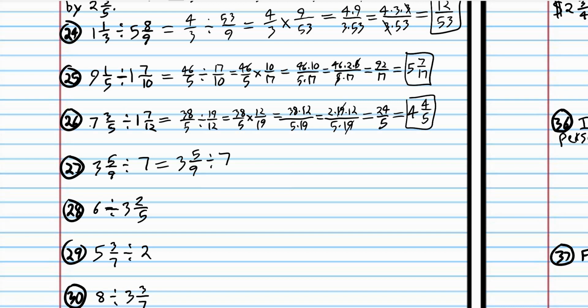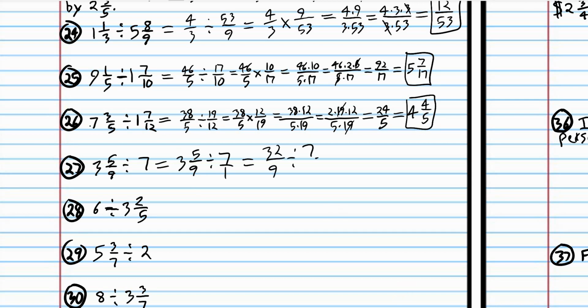The only difference is I'm going to write 7 over 1. So now the whole number is like a fraction. So we can just use the same algorithm that we've been using before. As usual, we have to convert this to a fraction. So that becomes 32 over 9.